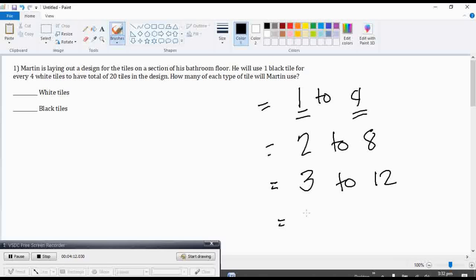And if you will be having 4 black tiles, you will be using 16 white tiles. Remember, we just need to have only 20 tiles designed. Regardless of how many black tiles or white tiles, we will be adding these two so that they will be 20 tiles designed. So therefore, you will be using 16 white tiles and there will be 4 black tiles.